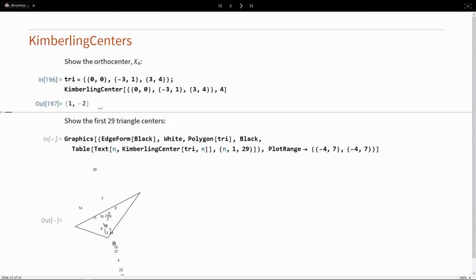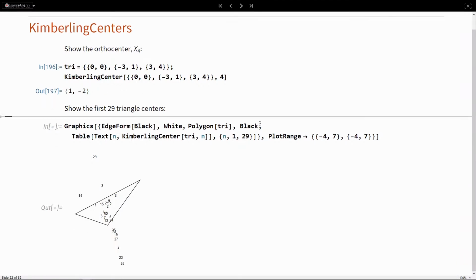I plan to add this to the Wolfram Function Repository soon. We can show the first 29 of these centers here. So somewhere here is the orthocenter. These numbers correspond to which number they are in the numbering system by Clark Kimberling.